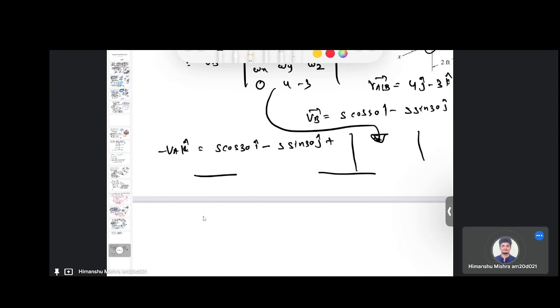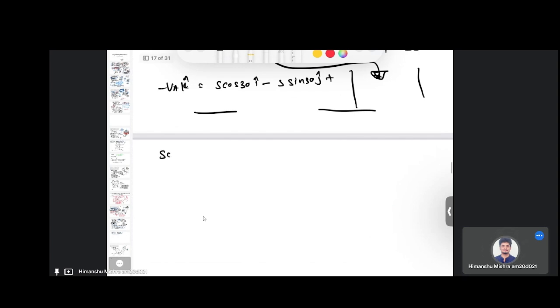and we can decompose this equation into three equations, in the x direction, y direction, and z direction. In the x direction it is 5 cos 30 equals 3 omega y plus 4 omega z.